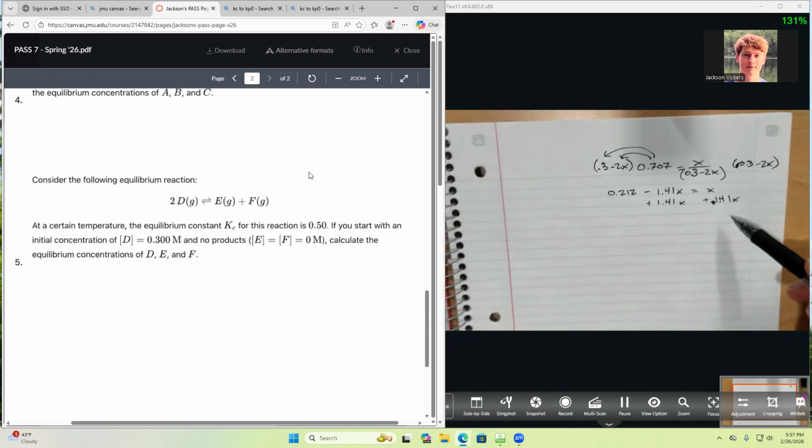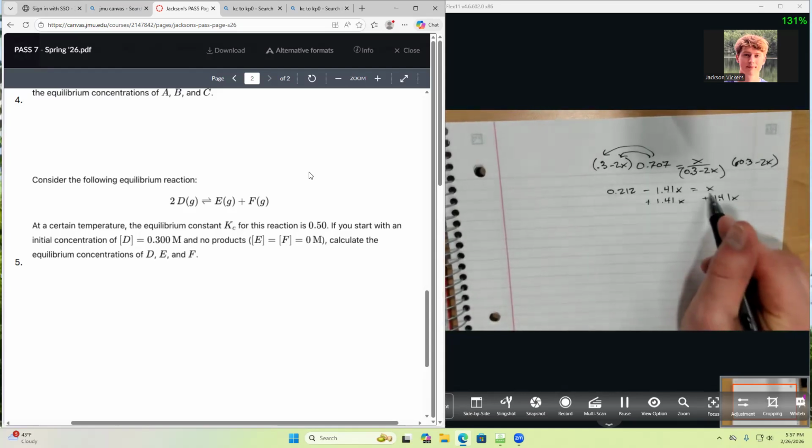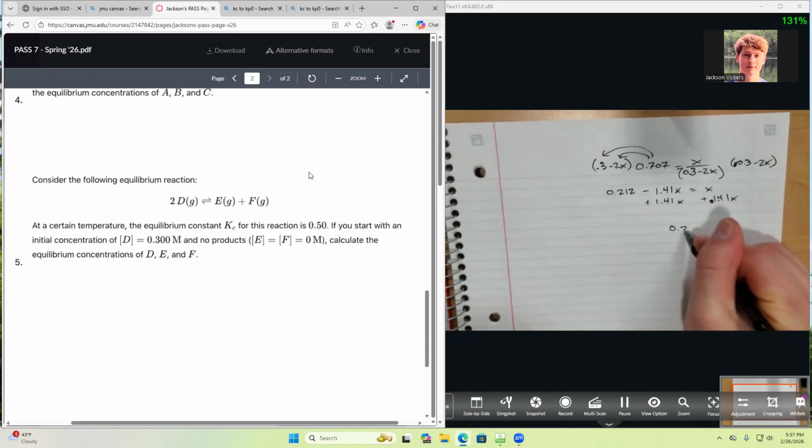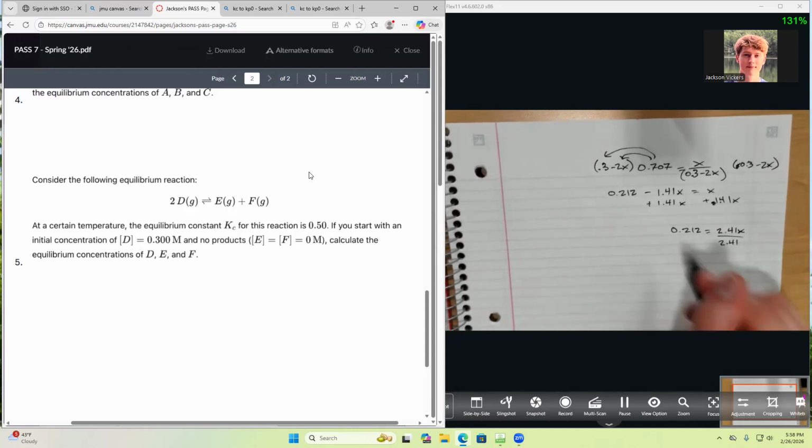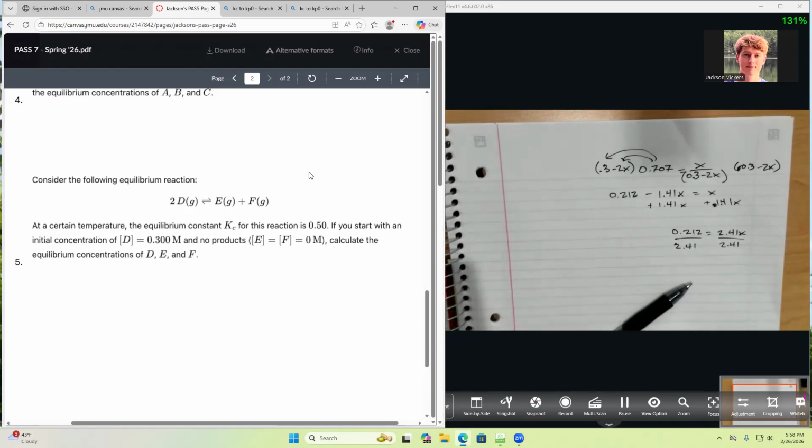So adding the 1.41x, it really becomes 1 plus 1.41, so it's 2.41x. A very easy mistake to make. Now we can do some good final steps to get the x by itself by dividing by the 2.41.